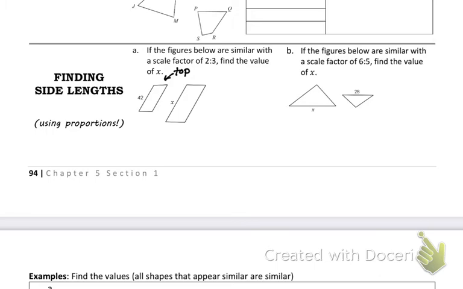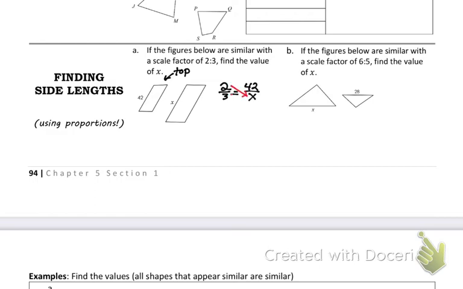So if 2 over 3 is my scale factor and that's my top, we're going to set up a small equation. We're going to go, well, that means 2 over 3 is proportional to the sides. So my sides would be 42 over x. That's why I always pick one to be top and one to be bottom, because I knew to write this. I know it's 42 and x. We just got to be clear that the 42 goes on top and the x goes on bottom.